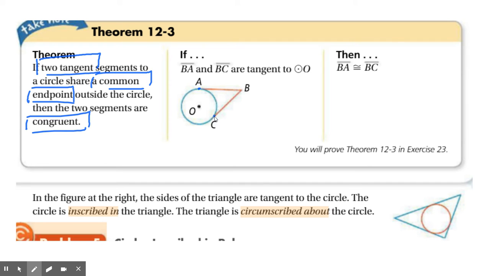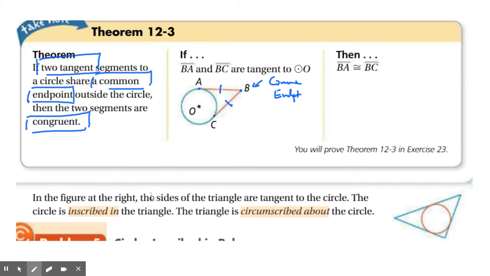A and C are your points of tangency. Segment BA is going to be congruent to segment BC because they are two tangents to the same circle that share a common exterior point. B is that common endpoint. And again, it's in the naming of both. So be aware of that.